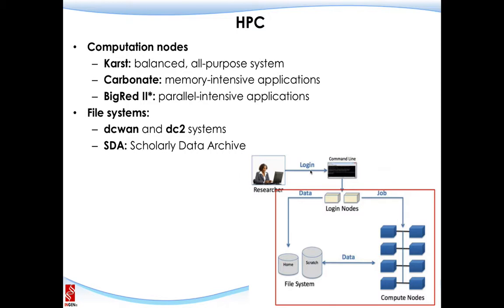What I heard is that UITS is in the process of upgrading the DC2 system into DC2 Plus, which has faster access as well as more space. But again, the structure will remain the same. It's just the specs and the commands to access these servers that will be slightly different.